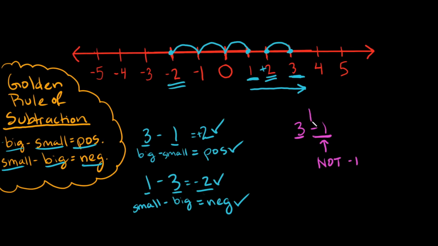This symbol in the middle is simply our operation. It's not attached to that number right there. Now, if I asked you 3 minus negative 1, in this case, yeah, that number right there is negative 1. And that number is still 3, and this is still just our operation.